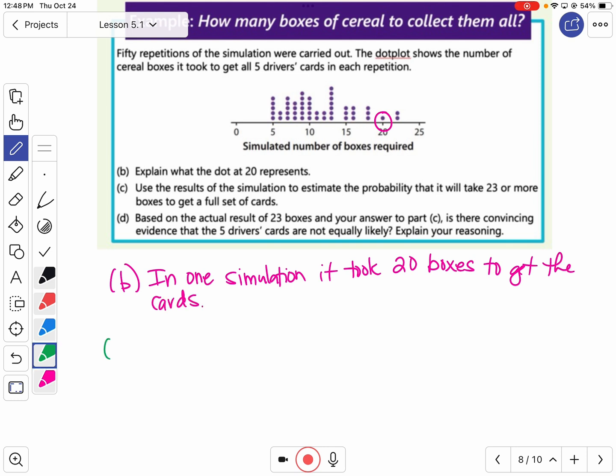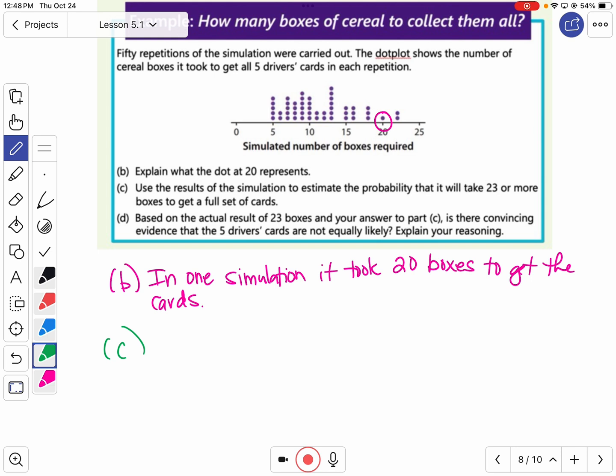So that's what that one dot represents. There'll be some drop-down menus where you have to talk about that. Then on the next one, it says, use the results of the simulation to estimate the probability that it will take 23 or more boxes to get a full set of cards.